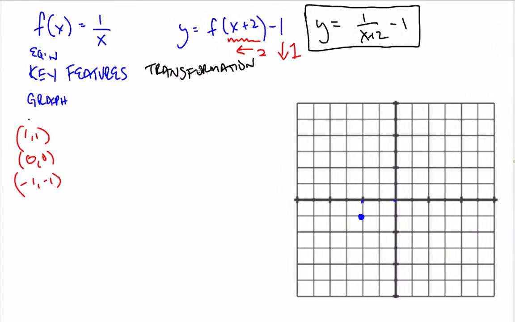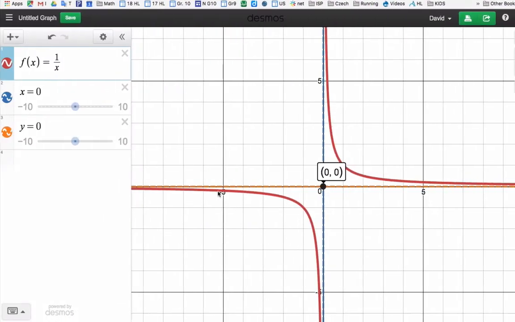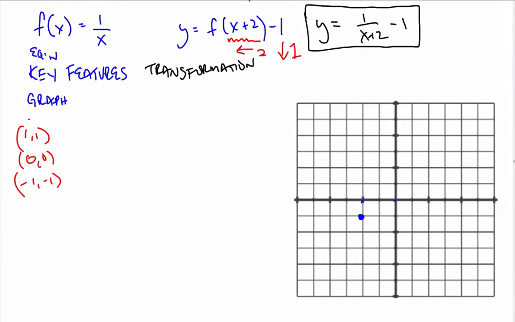If I've shifted it over, then I also know that this horizontal asymptote is going to shift over and down 1. So here's my one asymptote, here's my other asymptote from the base function. What's going to happen is I'm going to take it, go over to the left 2, and then I shift it down 1, which means it's at x is minus 2.